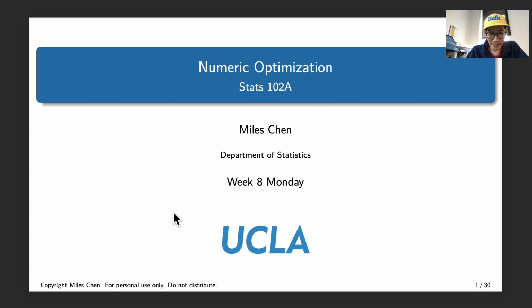So here we go. We're going to continue on talking about numeric optimization. I introduced a little bit of this concept on Friday. We said, hey, you've got a function and you want to find the local min or local max of the function. What do you do?